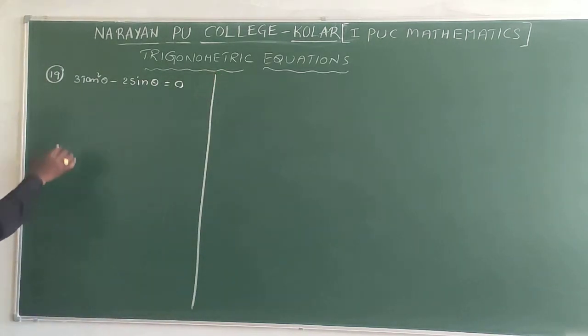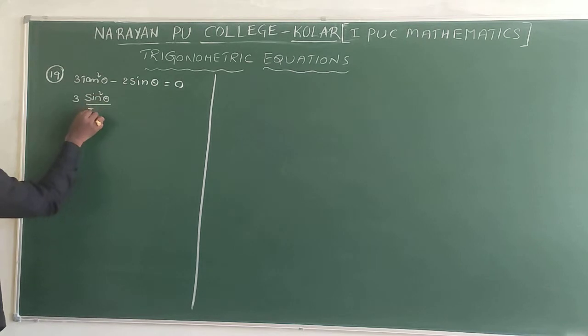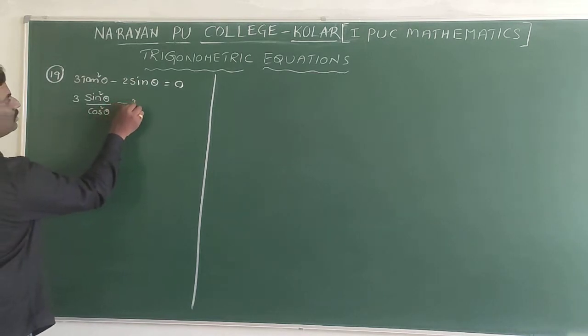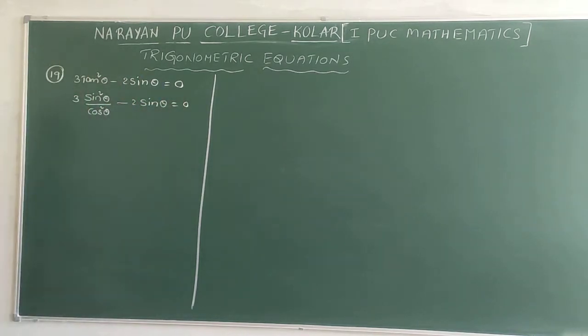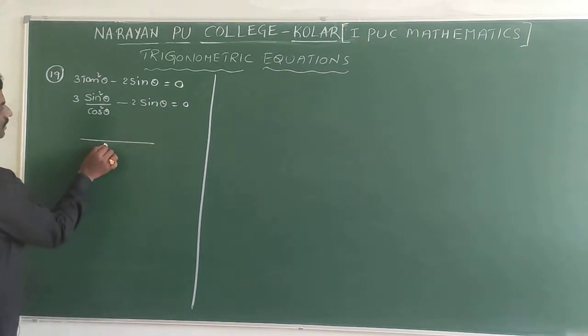This equation can be written as 3 into tan square, which is sin square by cos square, minus 2 sin theta is equal to 0. From this, if you take LCM, cos square theta is the LCM.